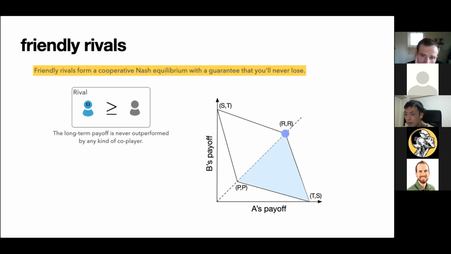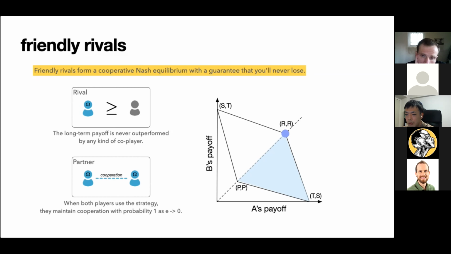On the other hand, if the strategy is a partner, the players can maintain cooperation even under the noise when the strategy is used by both players. Namely, they can maintain cooperation with probability 1 as the error rate goes to 0, and the full cooperation indicated by this blue dot is realized.